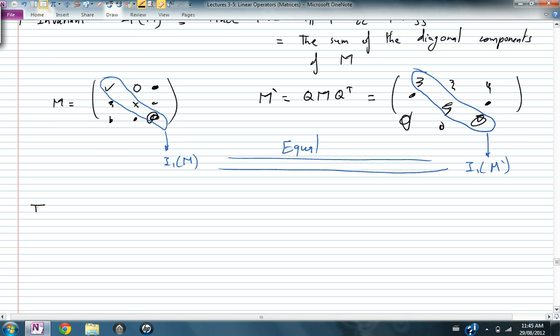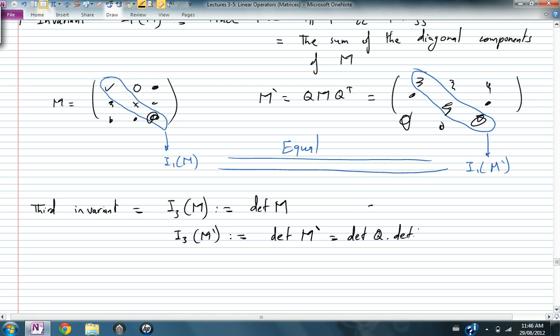The third invariant is I3 of M, which is defined as the determinant of M. Now let's look at I3 of M prime, which is equal to the determinant of M prime, which is equal to the determinant of Q, the determinant of M, the determinant of Q transpose.